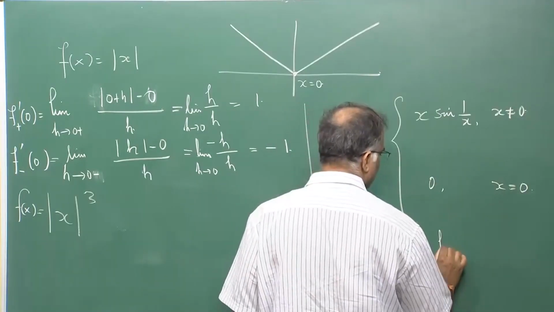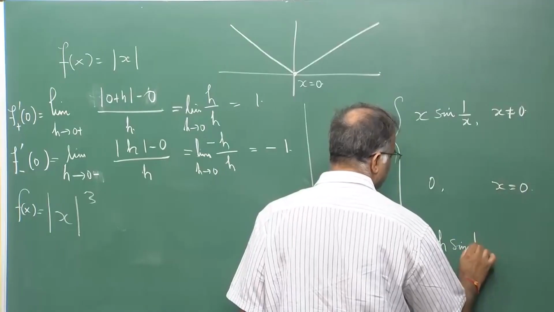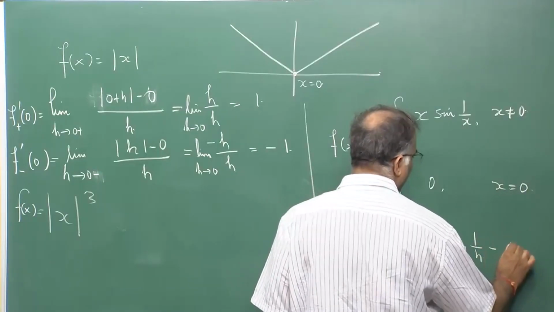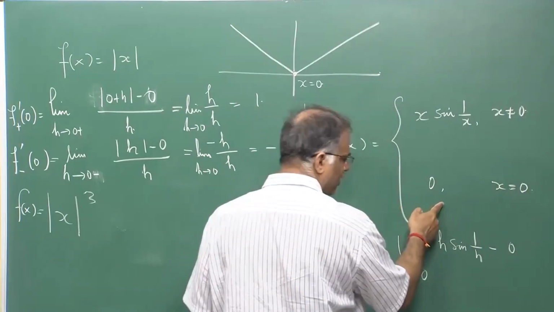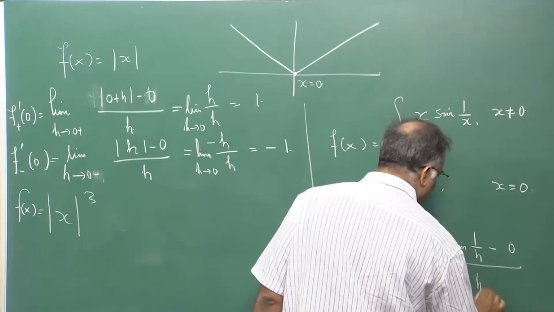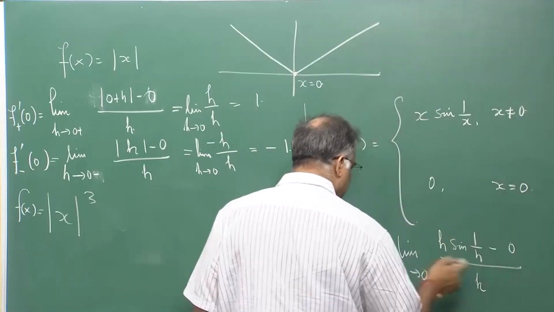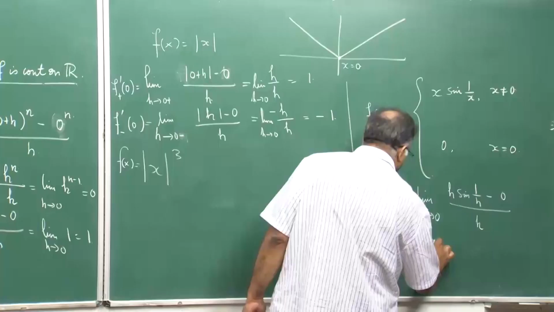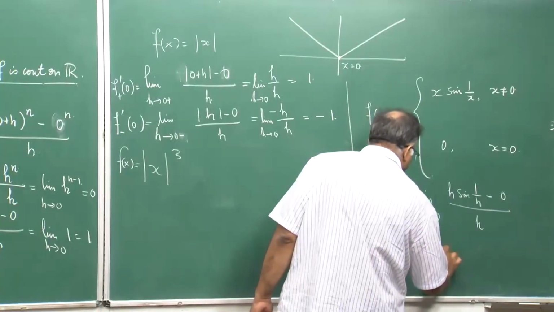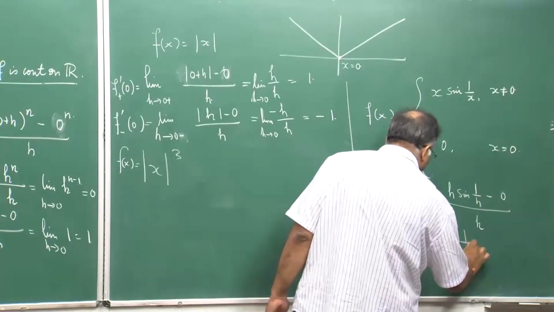(0 plus h) times sine 1 by h, minus the functional value at 0, which is 0, divided by h. The h cancels because h is actually not equal to 0, leaving the limit as h tends to 0 of sine 1 by h.